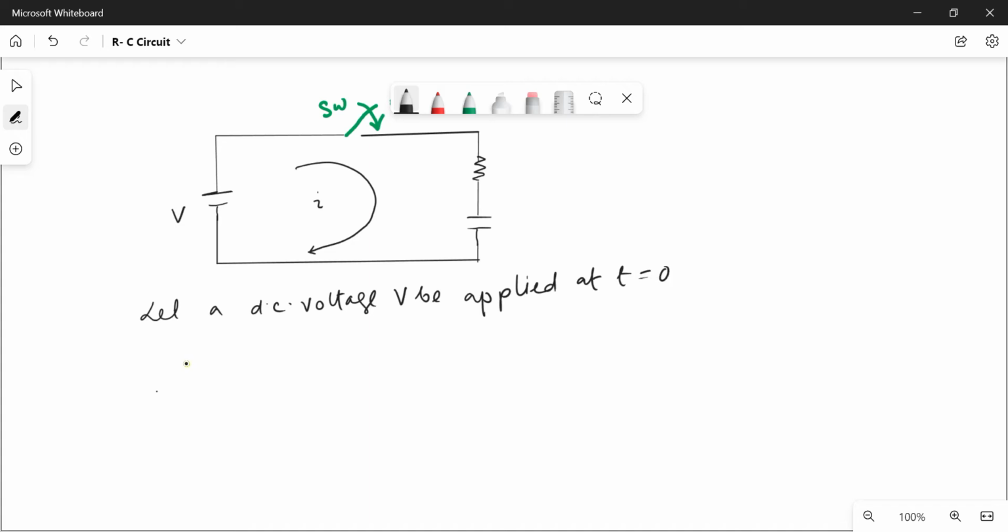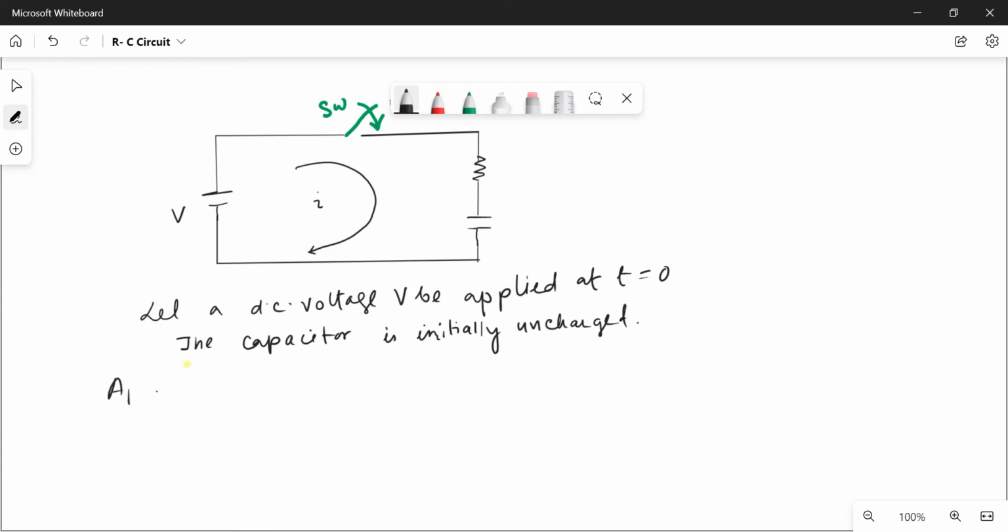So let our DC voltage be applied at t equal to 0 by closing the switch SW in a series RC circuit, and the capacitor is initially uncharged.